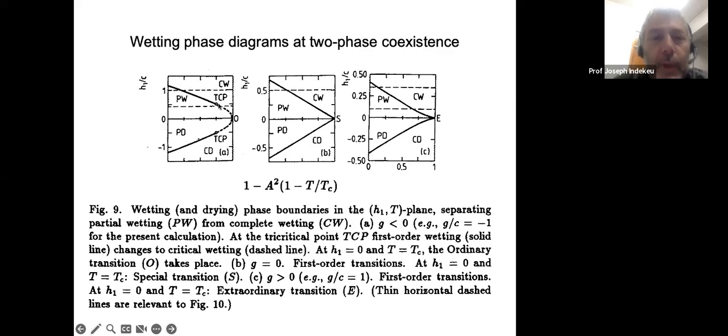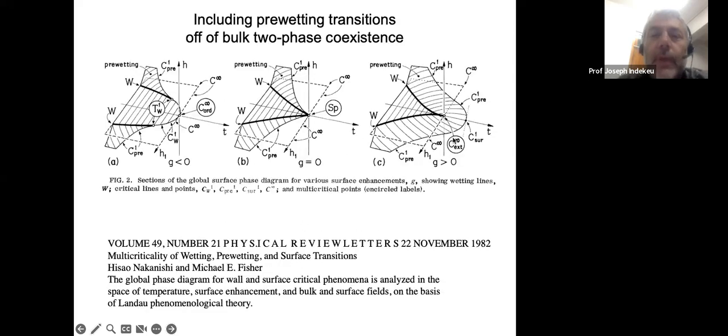So first order wetting, tricritical wetting, critical wetting, and here all over first order wetting. And also you will see that there is a possibility to continue above bulk criticality in the case of enhancement, in the case of positive values of G. And that pertains to the surface order under circumstances where the bulk is in single phase state.